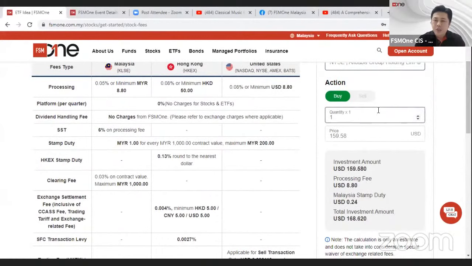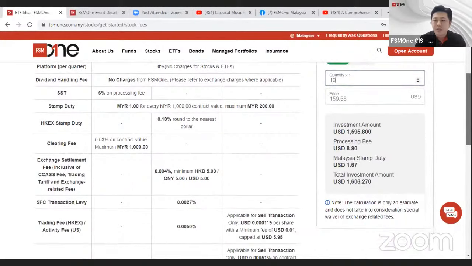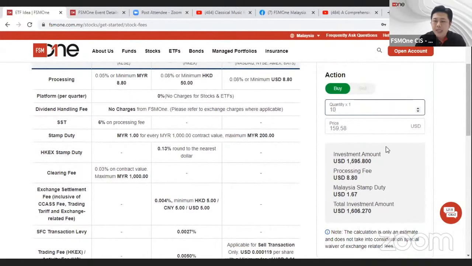In this case, you will notice that for the US market, it's very simple. One unit is one, you can buy as low as 1 unit. If, for example, I key in 10 units at this particular price, under buy, this will be my investment amount, and this will be my processing fee, stamp duty, and the total investment amount that I need to pay if I buy at this particular price.